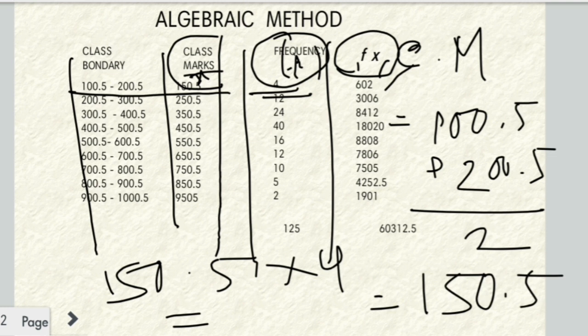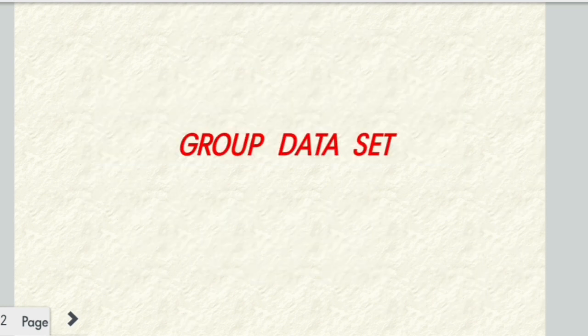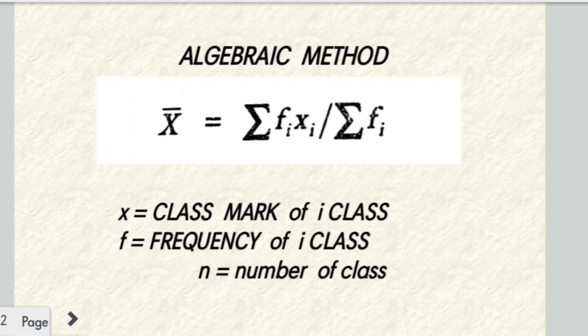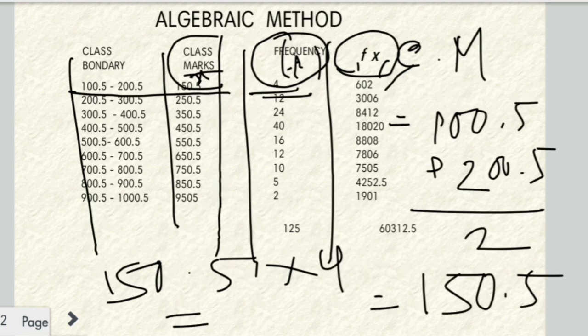According to the formula, mean is summation fx by summation f. In this table, summation fx is 60,312.5 and summation f equal to 125.